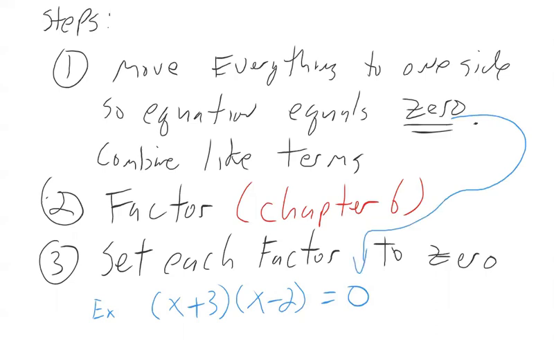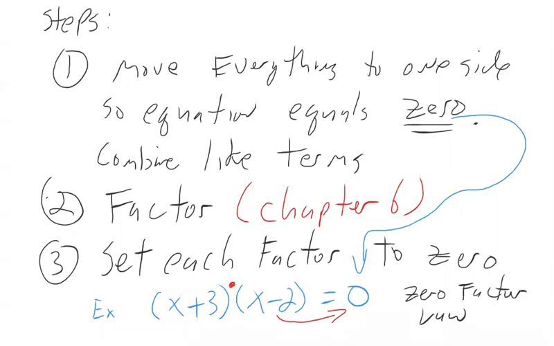Well, I am multiplying these two polynomials together. So as long as one of them equals 0, well, 0 times anything is 0. So therefore, this equation will still work. That is the whole reasoning why we set each factor to 0, because of the property we learned called the zero factor law way back at the beginning of the semester.